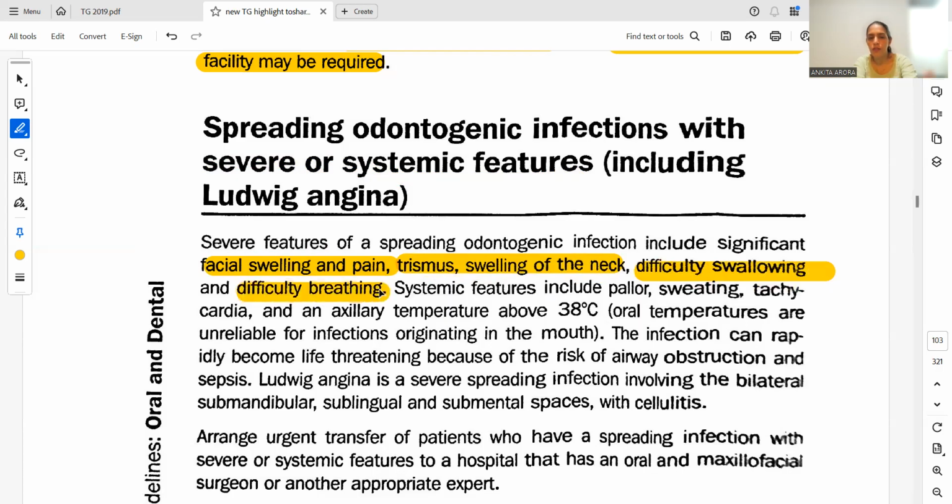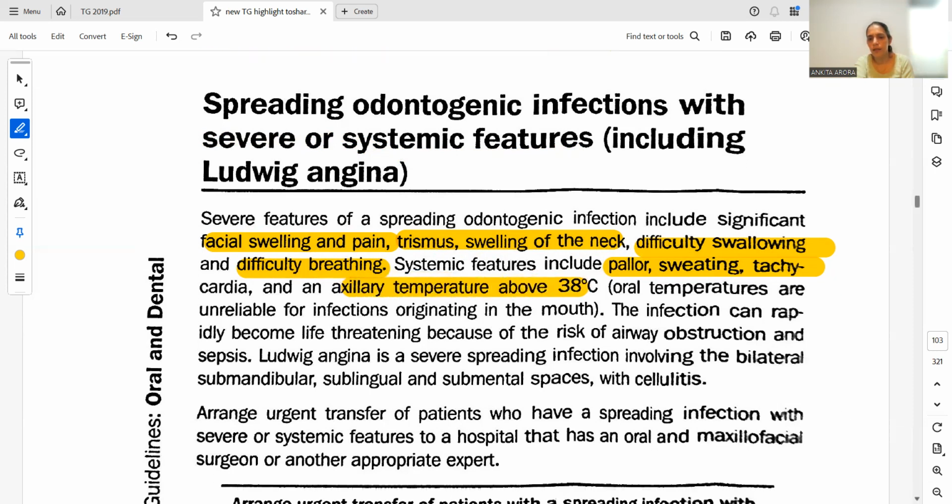So the patient is going into extremes of infection where there is swelling, pain, trismus, the patient is not able to open the mouth completely. There is neck swelling, difficulty swallowing, difficulty breathing. Systemic features include pallor, sweating, tachycardia, axillary temperature above 38 degrees Celsius.